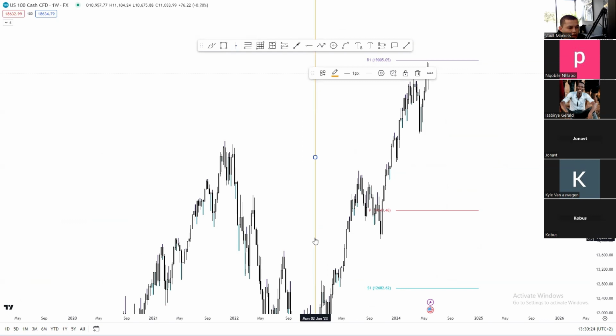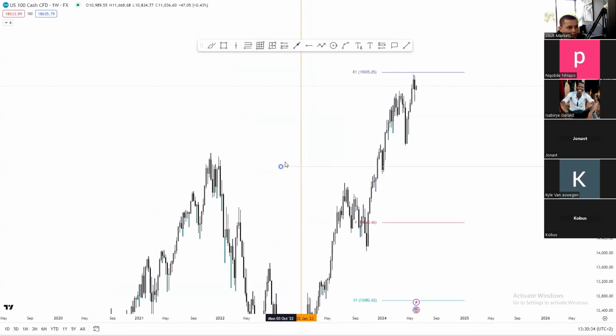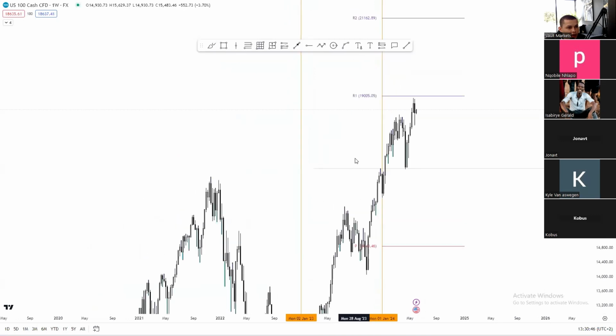So that is the 2023 open, and that's the low for 2023. And then I mark out my open of the year. Okay, so now we can see here's the low of last year, there's the high of last year.